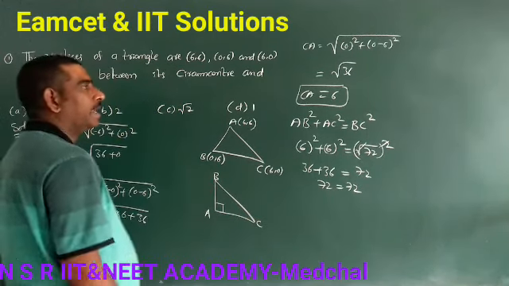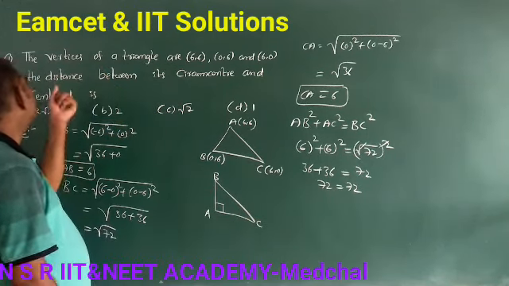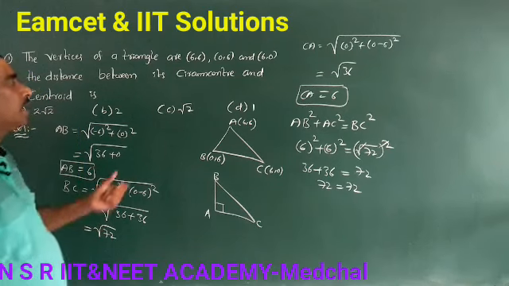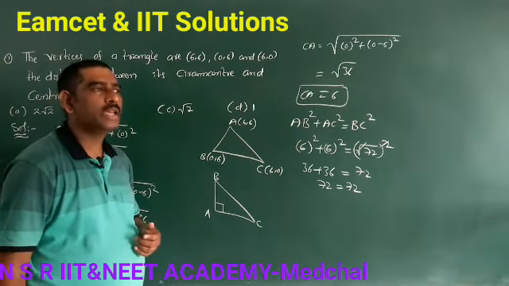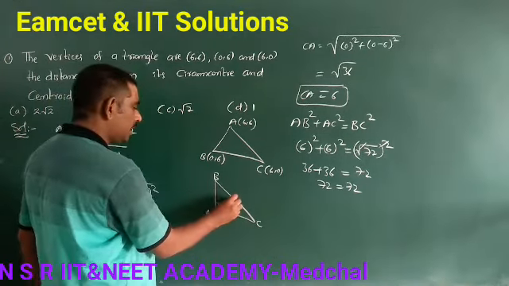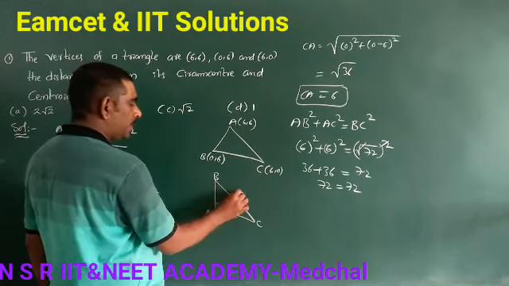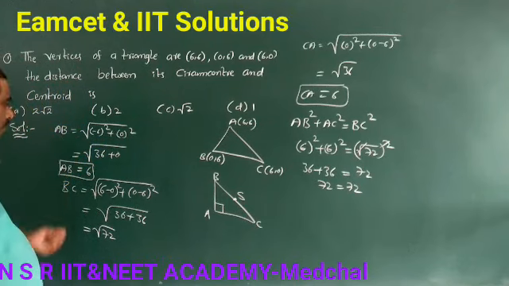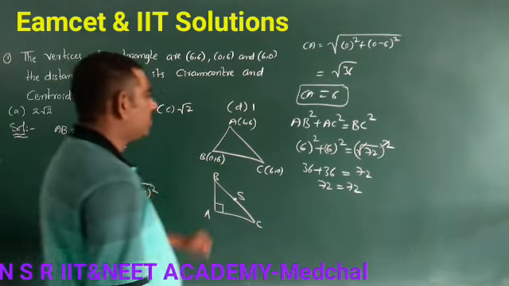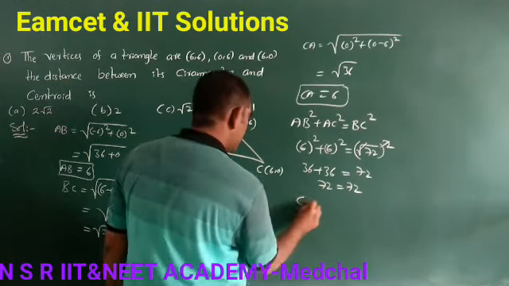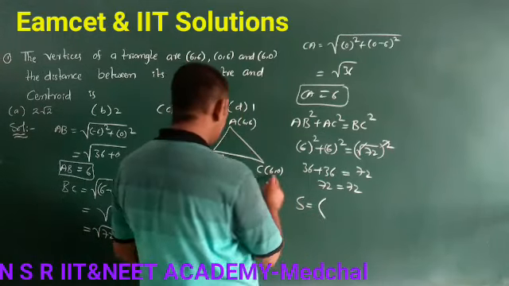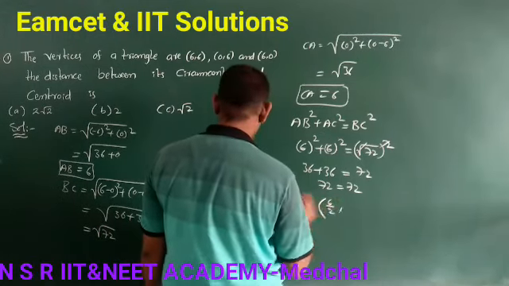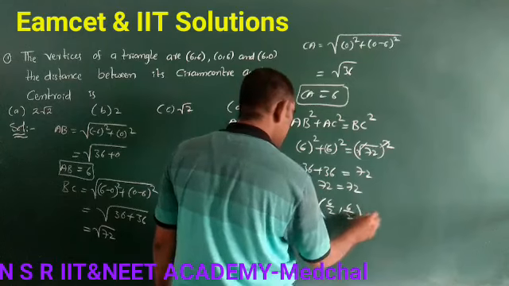So, in a right angle triangle, the circumcenter is the midpoint of the hypotenuse. So, now the circumcenter becomes the midpoint of BC, right? So S is equal to the midpoint of BC: (0 plus 6) by 2, (6 plus 0) by 2, which is 6 by 2.